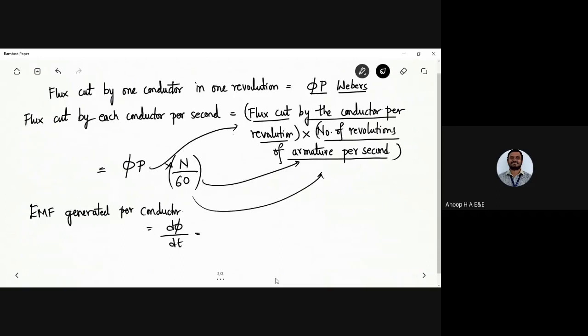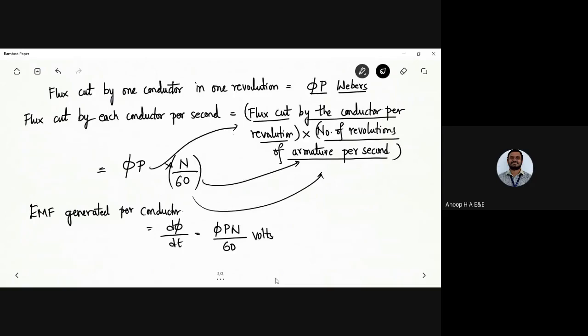I'll write it as phi into P into N divided by 60 volts. That is how you can find the EMF generated per conductor.